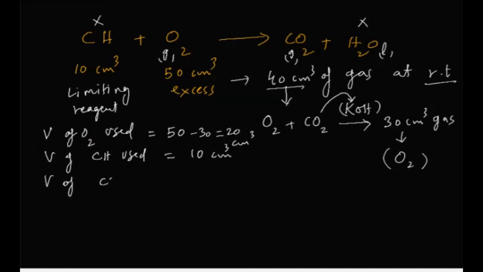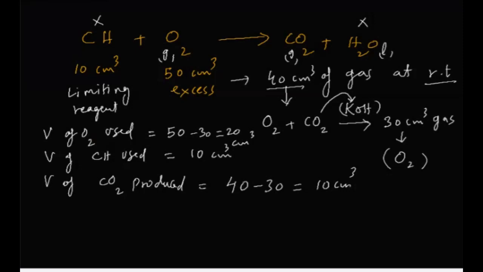Now the volume of carbon dioxide produced. The gaseous mixture contains 40 cm³ of oxygen and carbon dioxide, and 30 cm³ of oxygen is left. So if you subtract, you will get 10 cm³ of carbon dioxide produced.